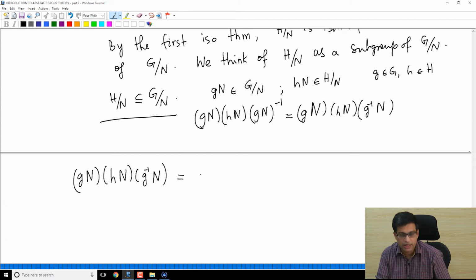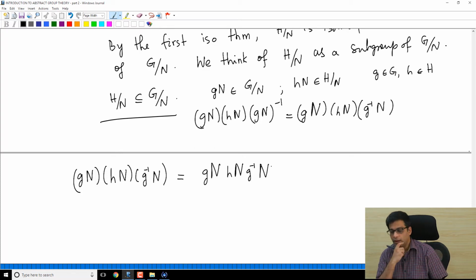Because of associativity, we can rearrange our brackets. So I'm basically going to get rid of the brackets and write it like this. Let's look at this part, n G inverse.